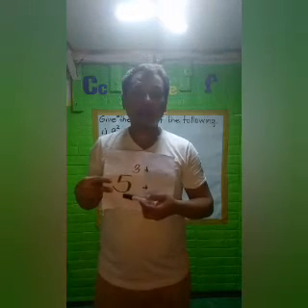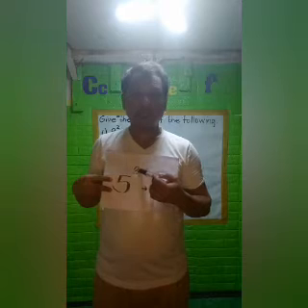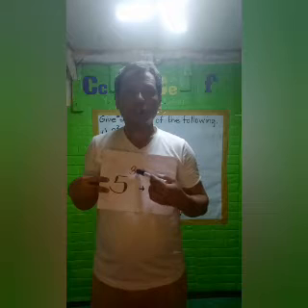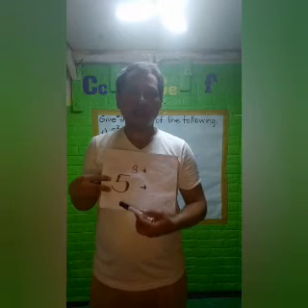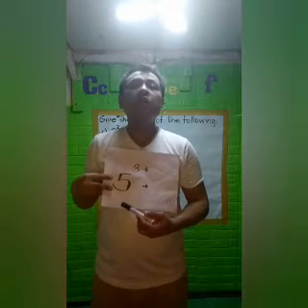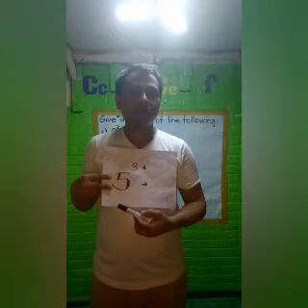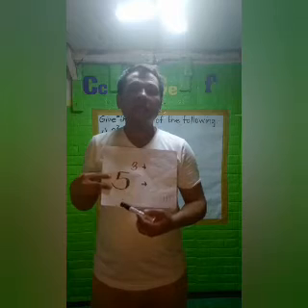The 5 is our base, while 3 is the exponent. The 3 will determine how many times we are going to multiply the base, which is 5. So we have to multiply 5 by itself 3 times.